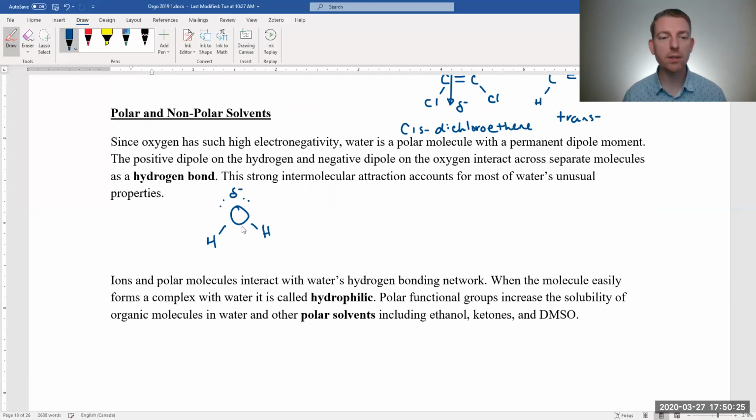So this whole side is going to be a negative side, and we'll have a positive side on the water molecule. So each of those hydrogens are going to be a little bit positively charged. And that means that the lone pairs on the oxygen are going to be attracted to those hydrogens on a neighboring water. So that's where we generate a hydrogen bond.